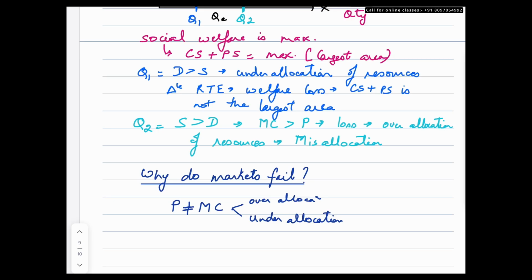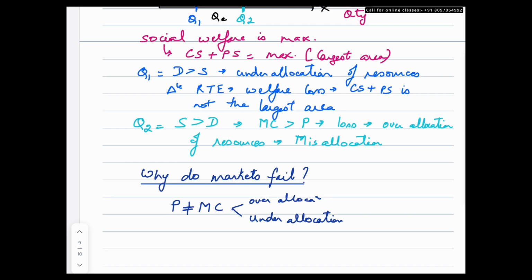And since this market is like a perfectly competitive market, there are some assumptions that define perfectly competitive markets. For example, assumptions like perfect knowledge in the market. So do buyers and sellers really have perfect knowledge in the real world? No, they don't, right? And that could lead to market failure.